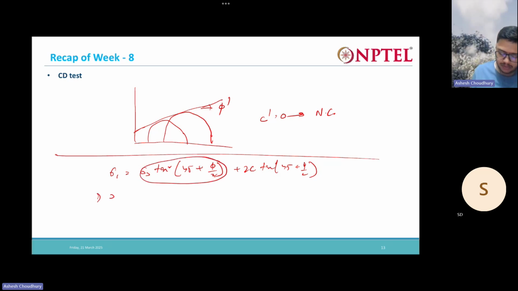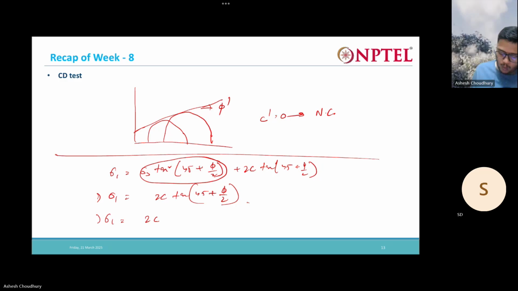So we have sigma 1 equal to sigma 3 tan squared (45 plus phi/2) plus 2c tan (45 plus phi/2). Now, generally this unconfined compressive strength test is done for clays, right? So phi is equal to 0, friction is 0. So we have sigma 1 equal to 2c.